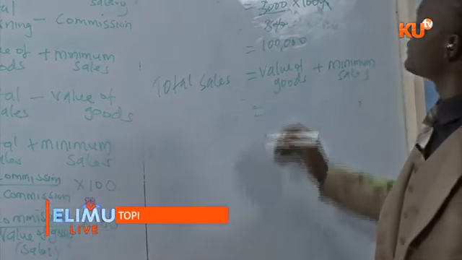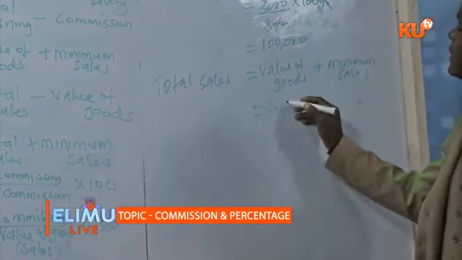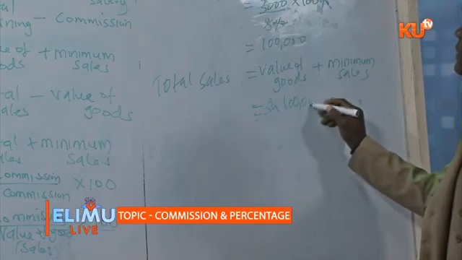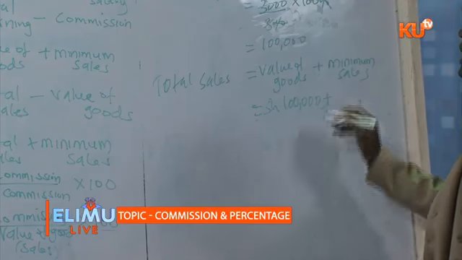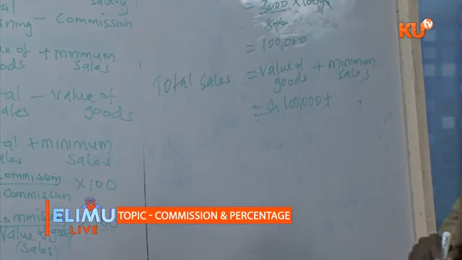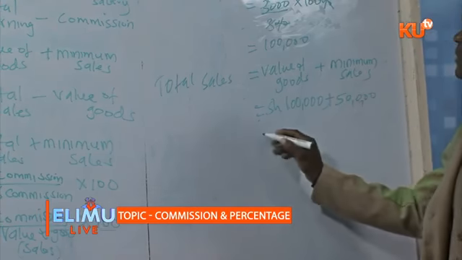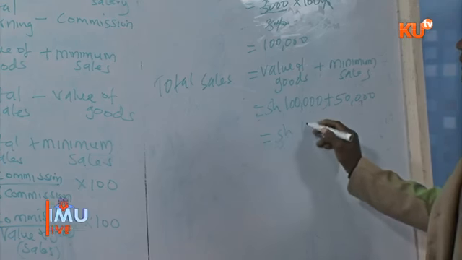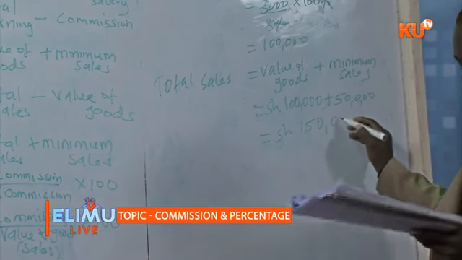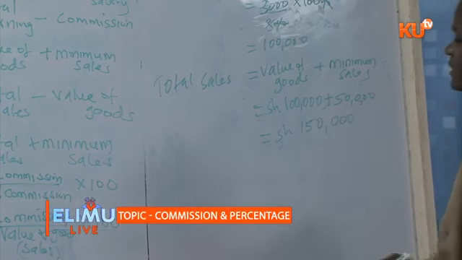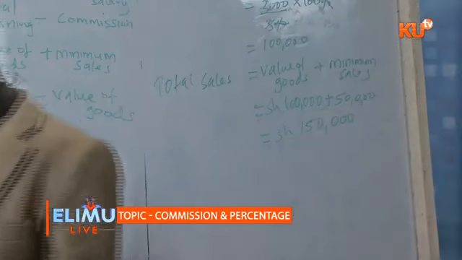So the value of goods already we have gotten 100,000. So the 100,000 we add to the minimum sale. So the minimum sales was 50,000 shillings. So when you add that, you get 150,000 shillings as the total sales.